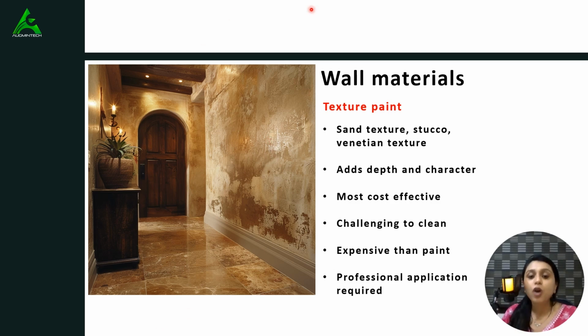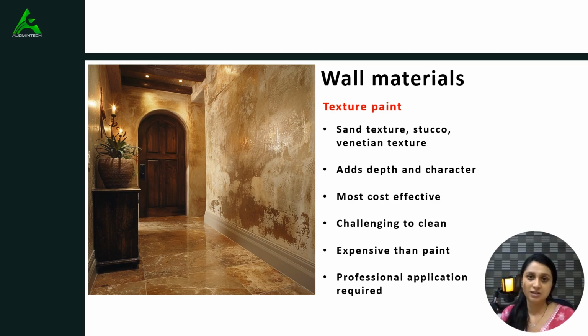They want to create this kind of texture, so that is why they keep applying plaster in layers. That gives you this kind of finish. And after that, a sheen-like paint is applied on top to create this look that you see.